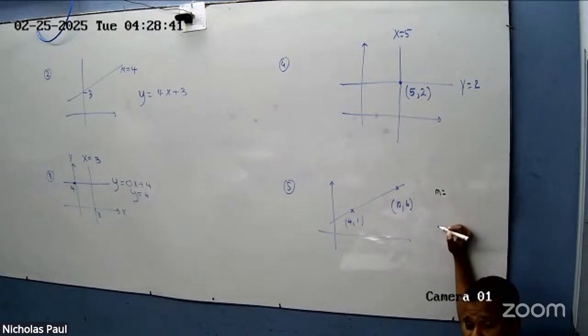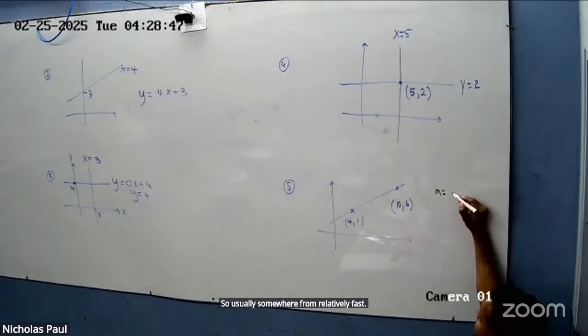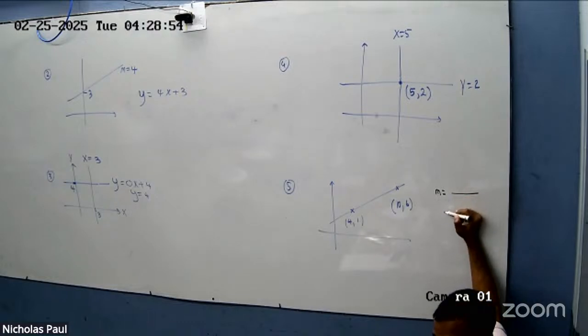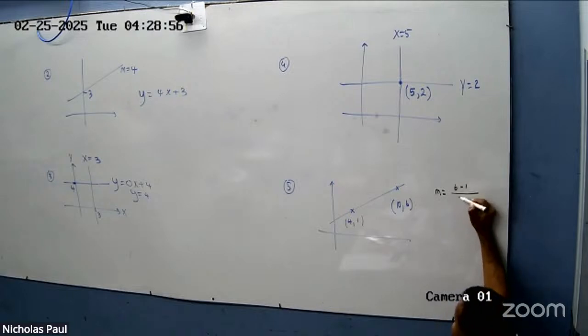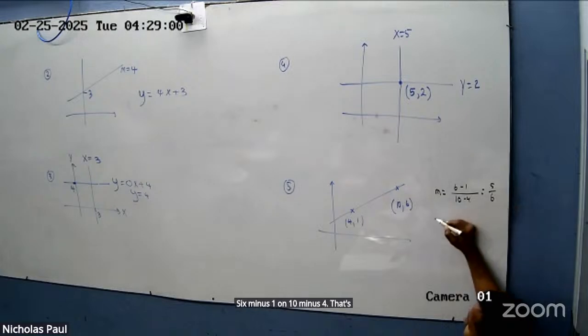Use it and find the gradient, do it mentally fast. 6 minus 1 over 10 minus 4. That's 5/6. And how do you get the y-intercept?